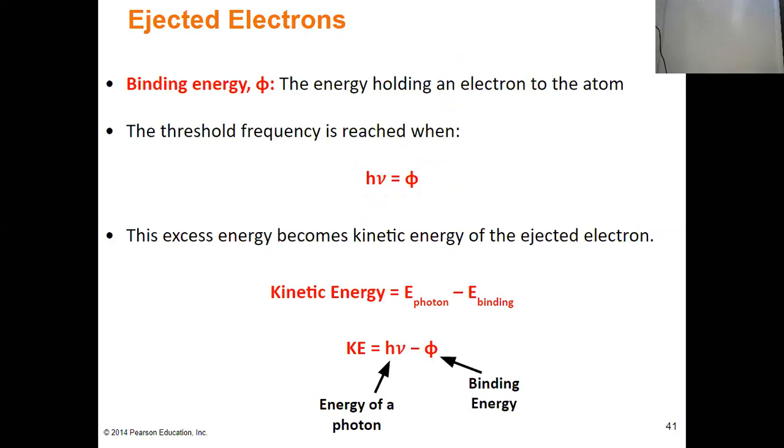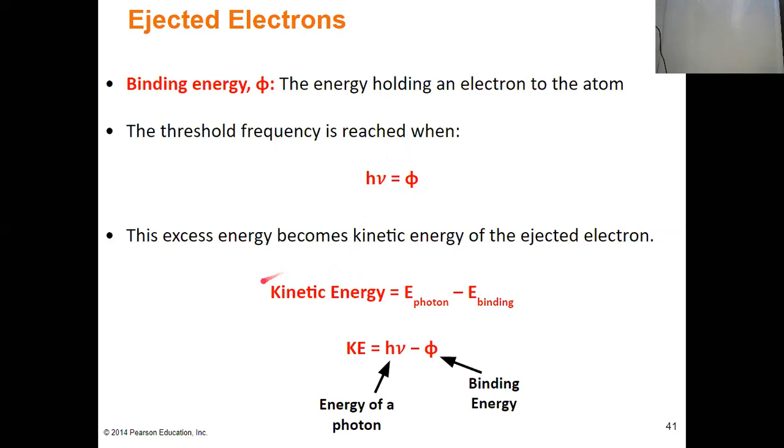Now, usually you don't just have exactly this much energy. Usually you have more than that. And whatever the difference in energy is becomes associated with the kinetic energy of the ejected electron. So if you have something with a very high frequency, you're going to have something with very high energy, so it's going to have a lot of extra kinetic energy when it leaves the surface of the metal.